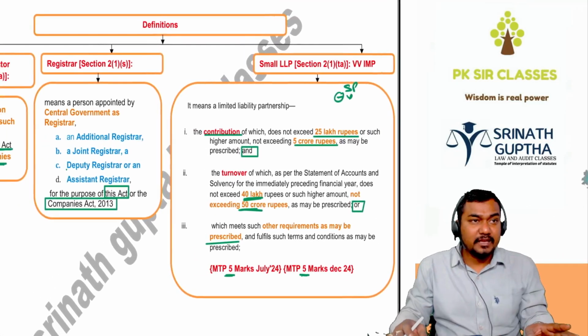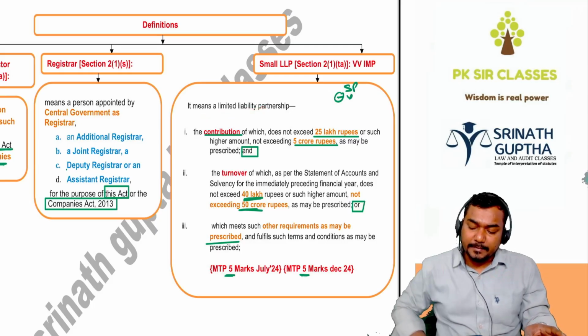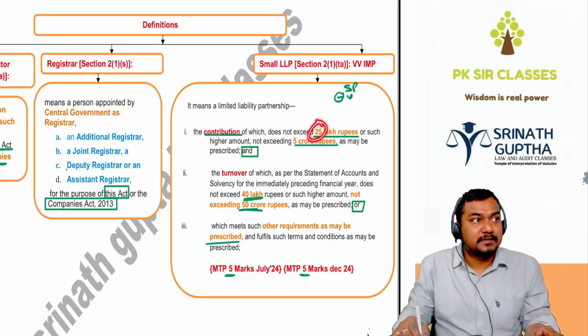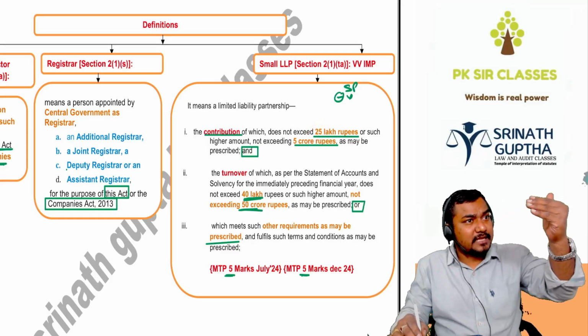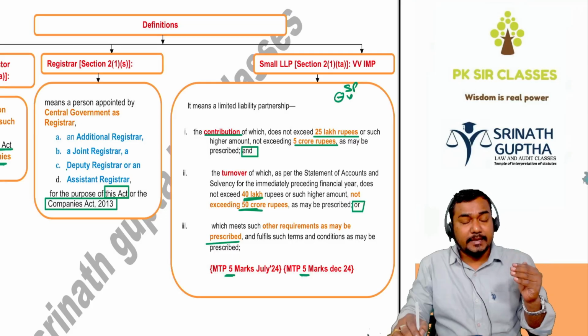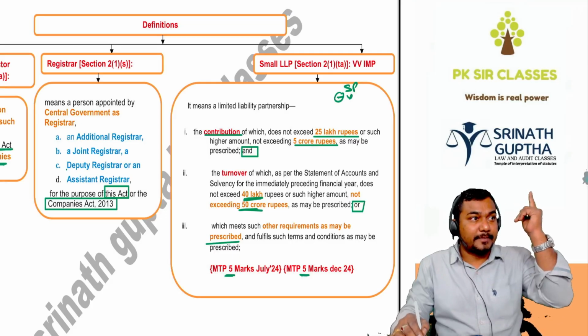Small LLP is very important, asked many times in CA Foundation and CA Inter also. Small LLP means an LLP whose contribution does not exceed 25 lakhs, or such higher amount as may be prescribed, which should not exceed 5 crores. Right now, contribution should not exceed 25 lakhs. This limit can be increased up to 5 crores by the Minister, not Parliament.